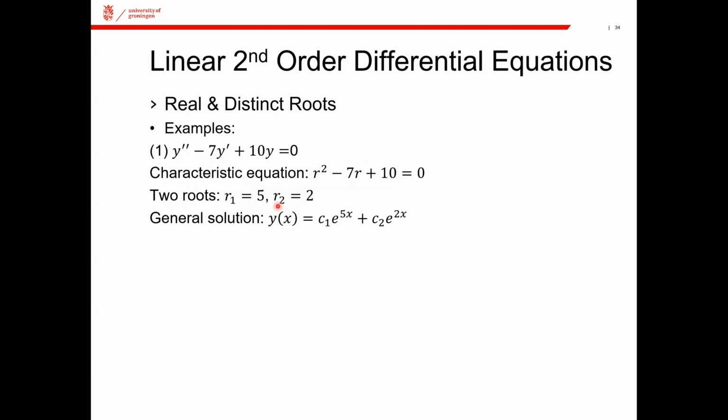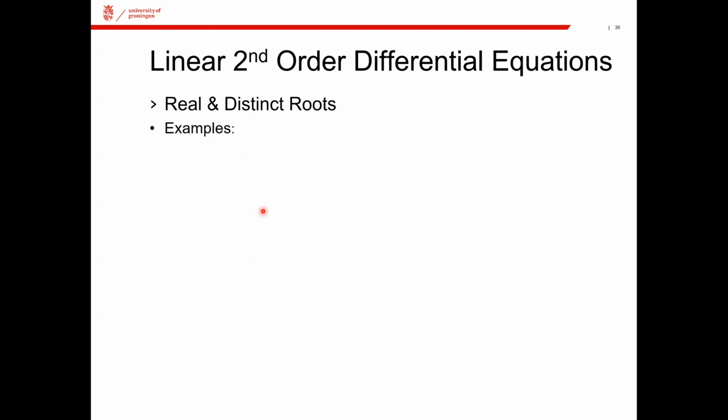The first one is 5 and the second one is 2. And in this case, the roots are real and distinct. So the general solution is y equals C1 times e to the power of 5x plus C2 times e to the power of 2x. So basically, we just apply the formulas that we have.